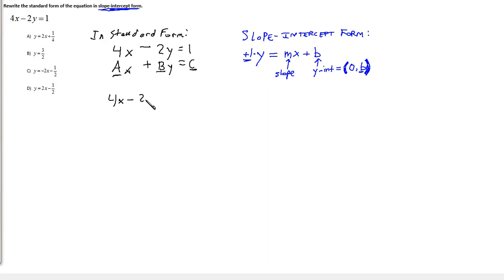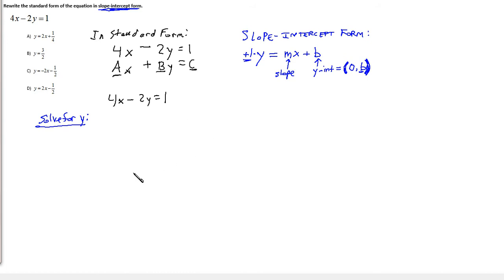4x minus 2y equals 1. Here's our given equation, and all we're going to do to rewrite the equation in slope-intercept form is to solve for y. That's the way that we actually write an equation in slope-intercept form.